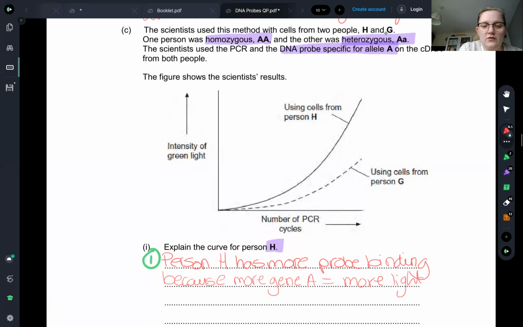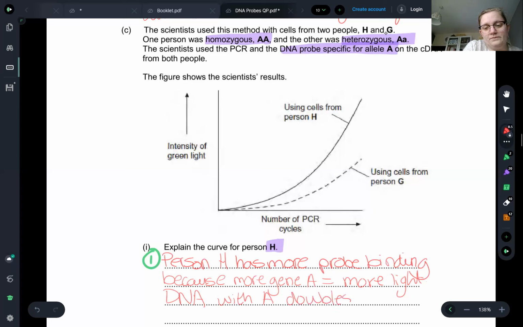Well, actually, as we look, our DNA with A doubles each PCR cycle. Our DNA with the dominant allele doubles each PCR cycle. So that will get you another mark.